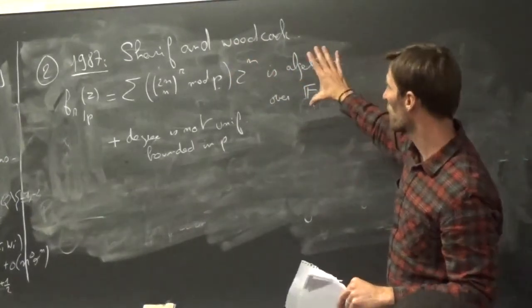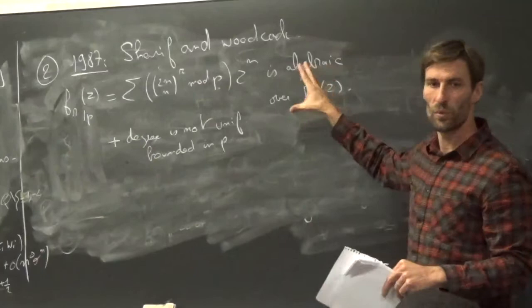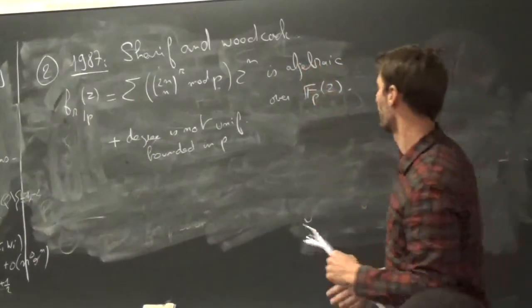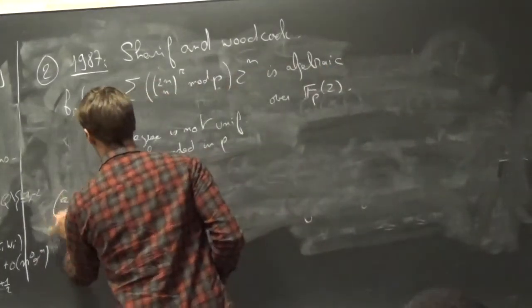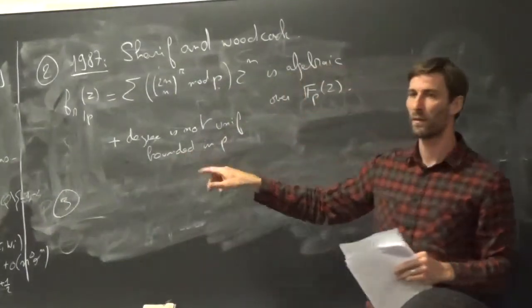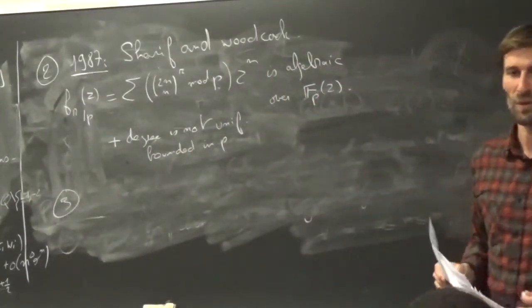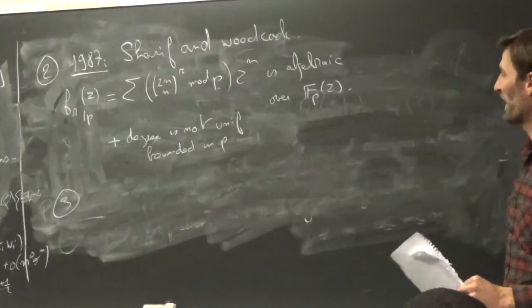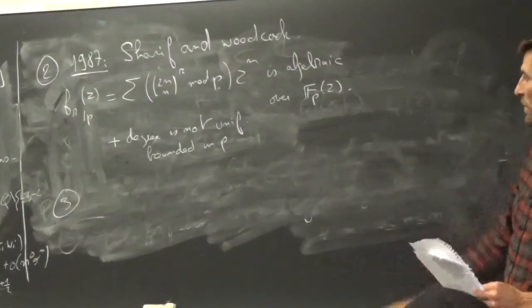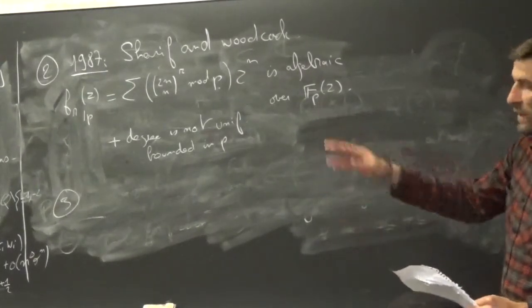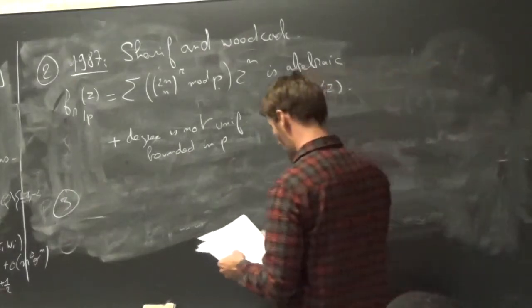Okay, so this is the second proof, which is more or less purely algebraic. Because to prove that this is not bounded, they use some kind of analytic number theory, so it's not completely algebraic.